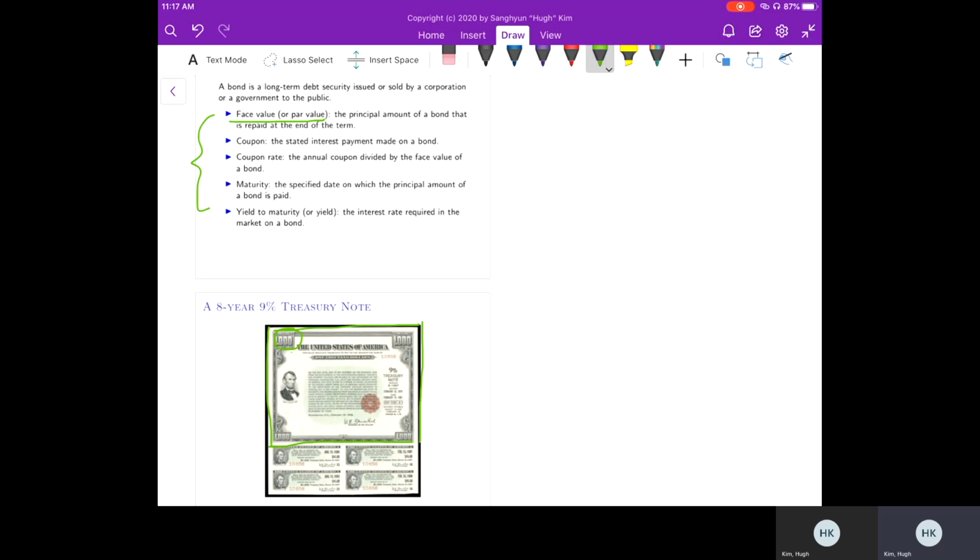And this bond is issued on February 15th, 1979. It's hard to see from the screen, but you can see it from the lecture slides.